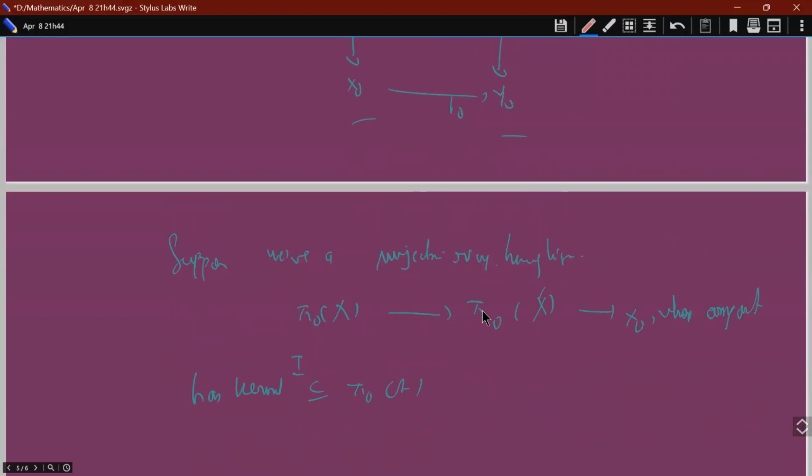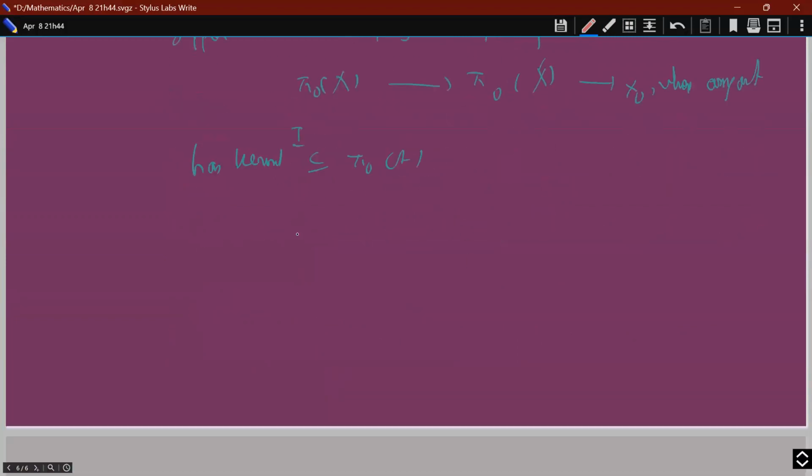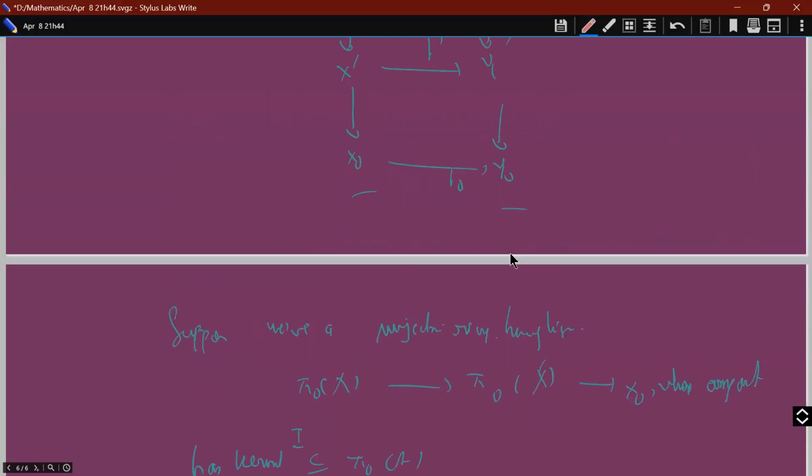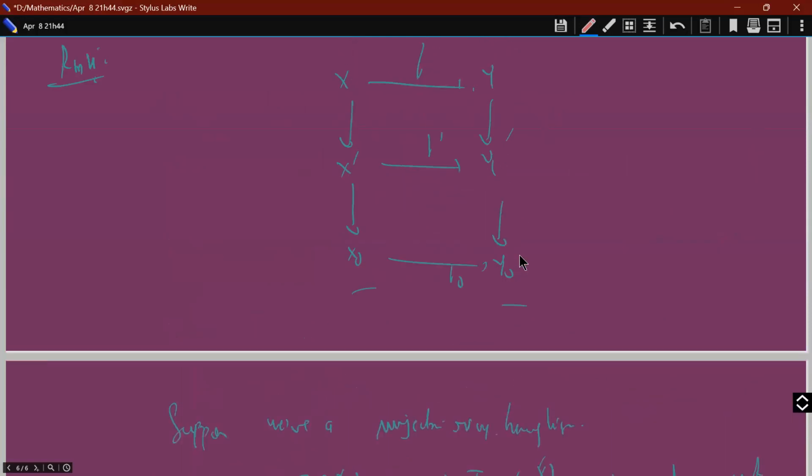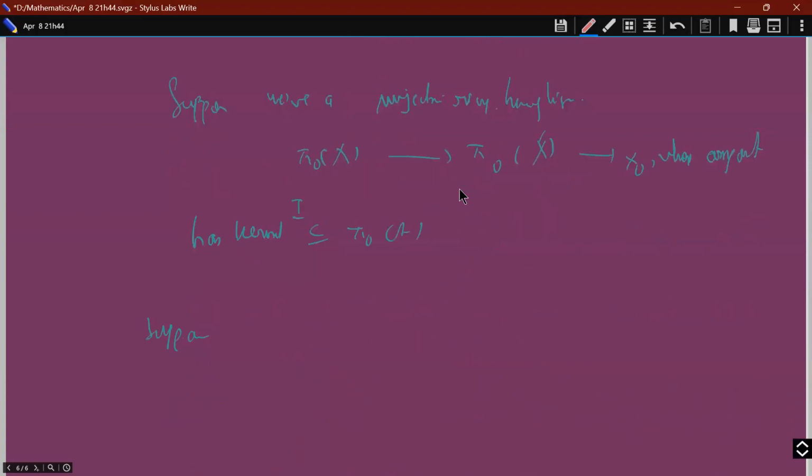Suppose now, in this diagram, the outer rectangle exhibits F as an X thickening of F naught.